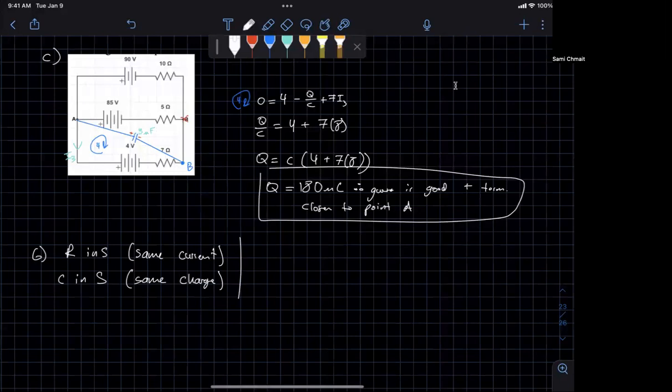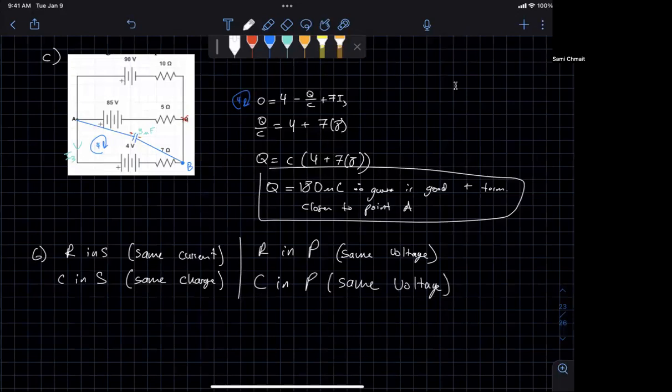And then lastly, for resistors in parallel, R and P, they have the same voltage. And capacitors in parallel also have the same voltage.